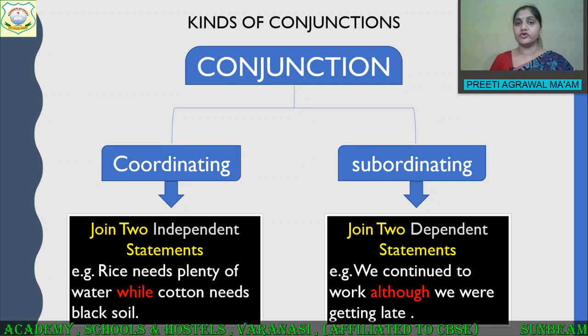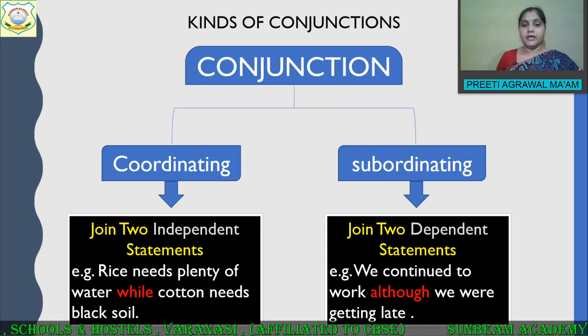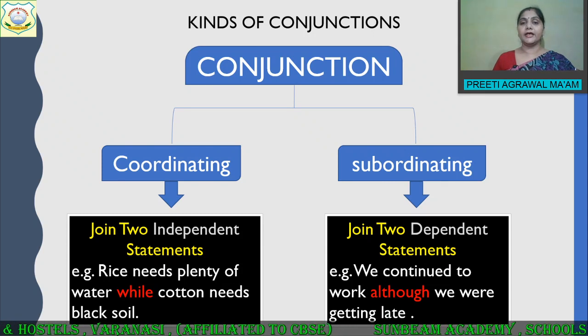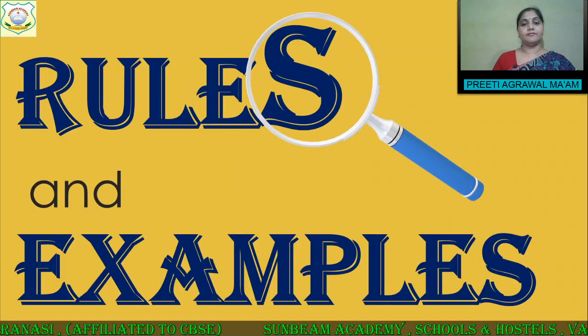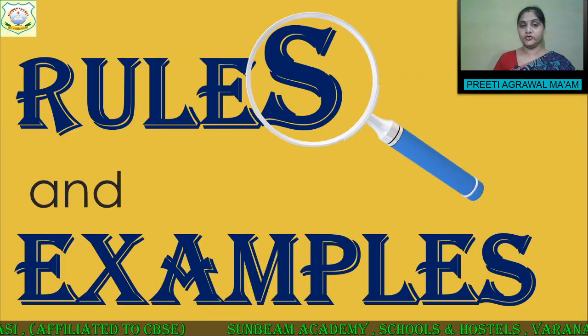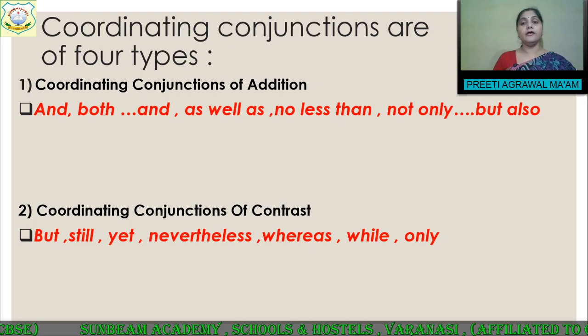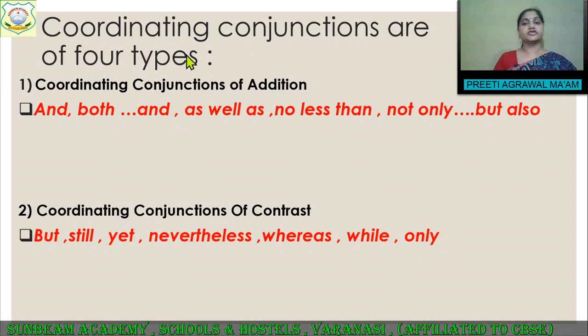I will be giving you everything in detail. Okay, let's proceed. So the kinds of conjunctions you have understood: coordinating and subordinating. Now students, we will go through the rules and examples. First of all, coordinating conjunctions. We will understand what coordinating conjunctions are and what its types are.